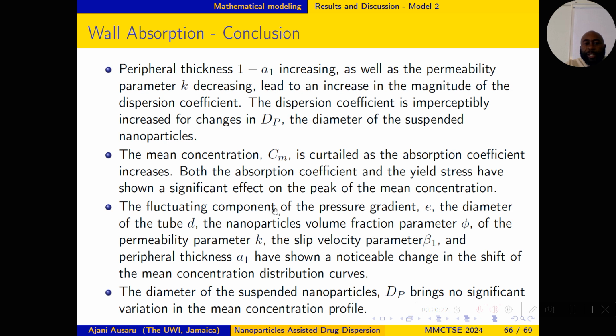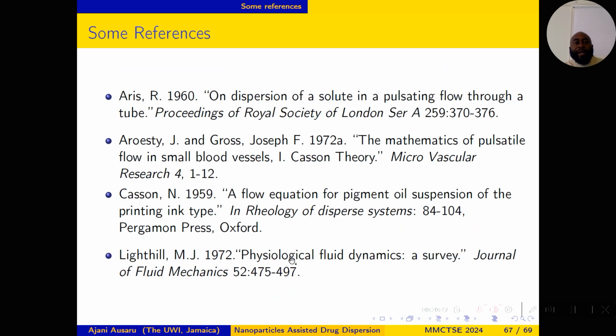And the fluctuating component of the pressure gradient E, the diameter D, the nanoparticle volume fraction parameter phi, and the permeability parameter K, slip velocity parameter, and so on, have shown a noticeable change in the shift of the mean concentration distribution curves. And the diameter of the suspended nanoparticles dp brings no significant variation in the mean concentration profile.